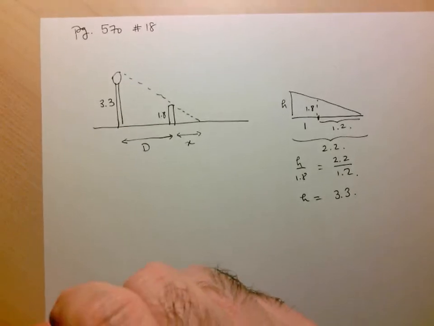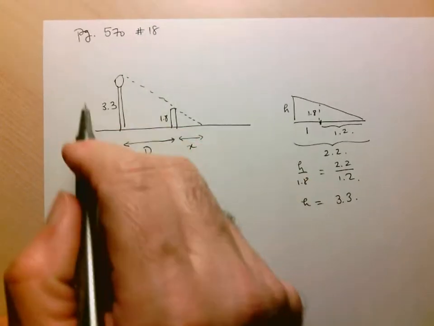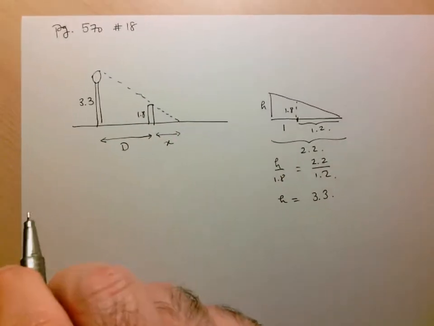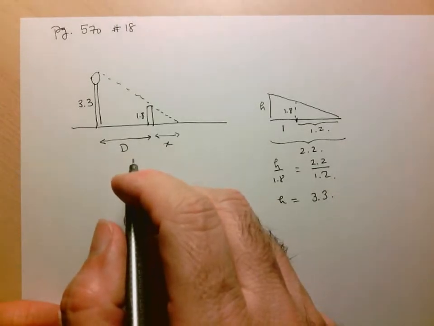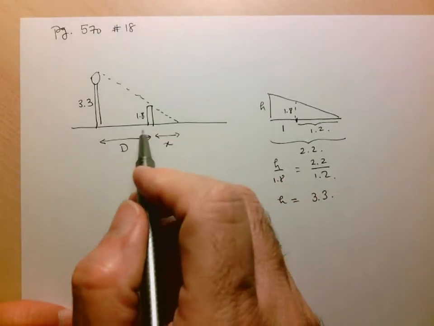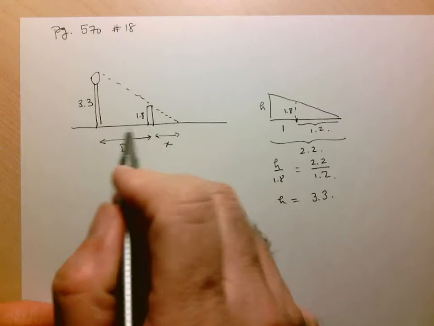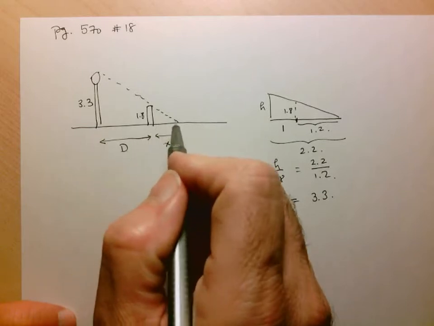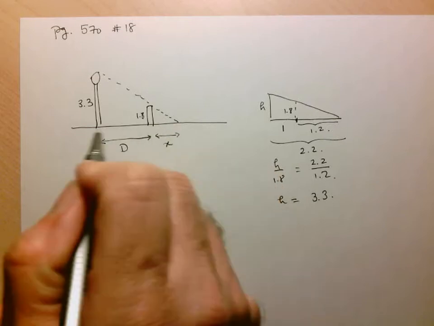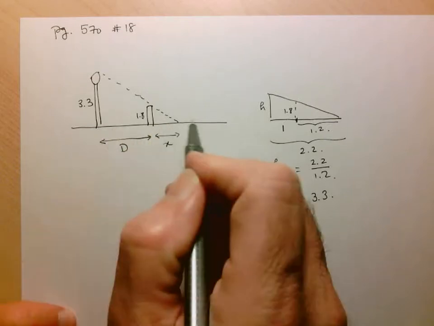And now I can set up an equation to relate my two variables. Let's start with the smaller triangle. It doesn't matter whether you start with the smaller or the larger, but here I've got this side of the smaller triangle corresponds to that side of the larger triangle.